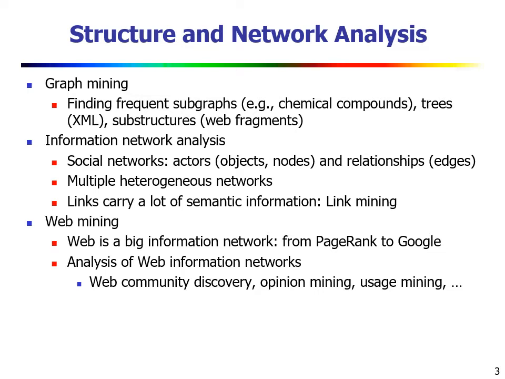Now we'll talk about multiple heterogeneous networks. There are various sites which take data from one site to another, or they basically extract data from a site and put the data on their own site.